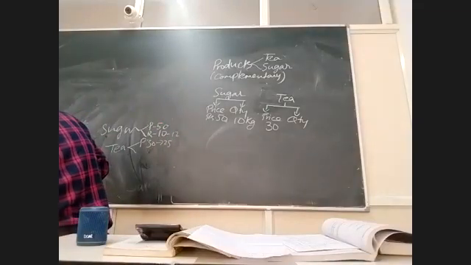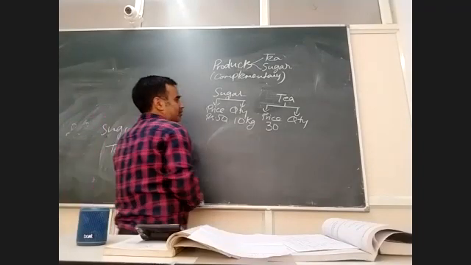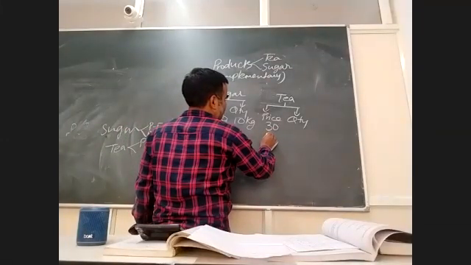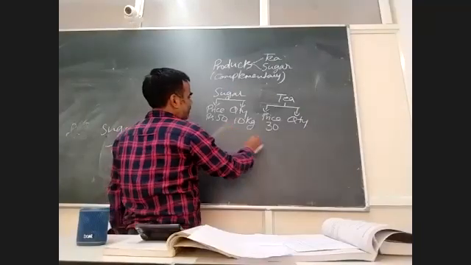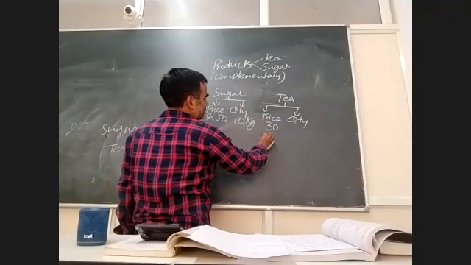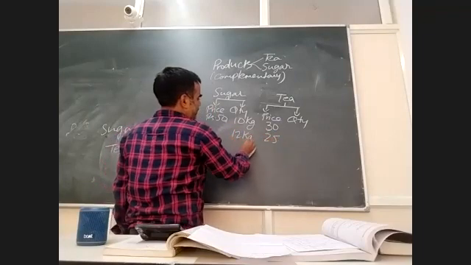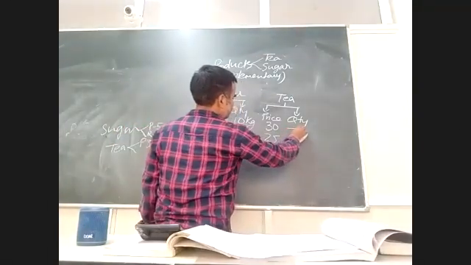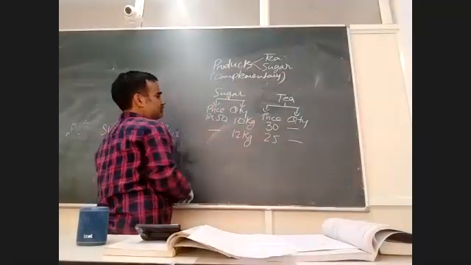And it goes down. So here 25 rupees and here 12 kg. This remains. This is not given. Here this is not given.